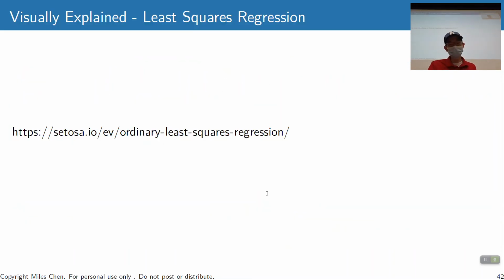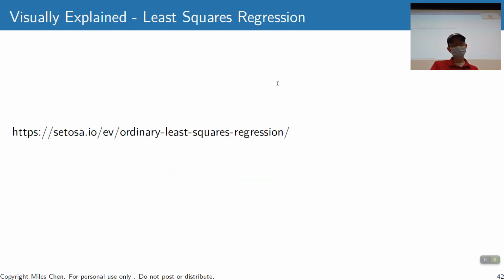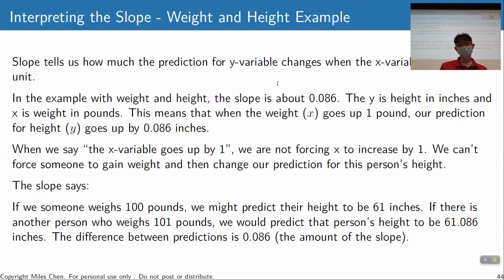When we looked at this example for height and weight, our slope was 0.08595, so we'll just call it 0.086. Okay. The y is measured in inches. X is measured in pounds. And basically, we're going to say if x goes up 1 pound, our prediction for y goes up 0.086 inches.